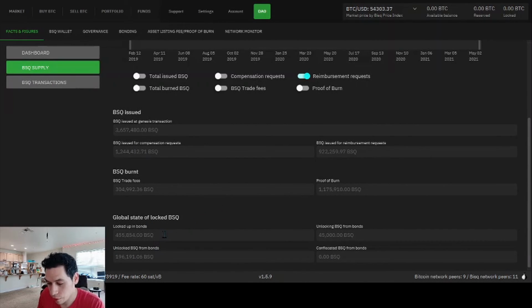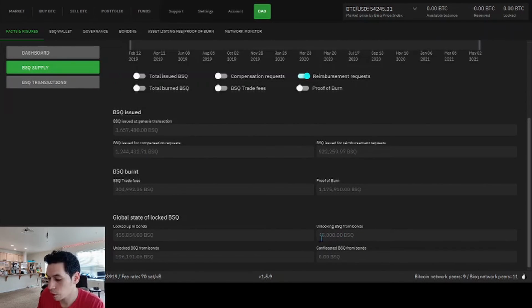Global state of BSQ locked in bonds. There's a multitude of reasons why you would want a bond. There are bonded roles, so you can't perform certain roles for Bisq unless you have put up a bond in BSQ. So locked up in bonds, 455,000. There are 45,000 unlocking from BSQ bonds.